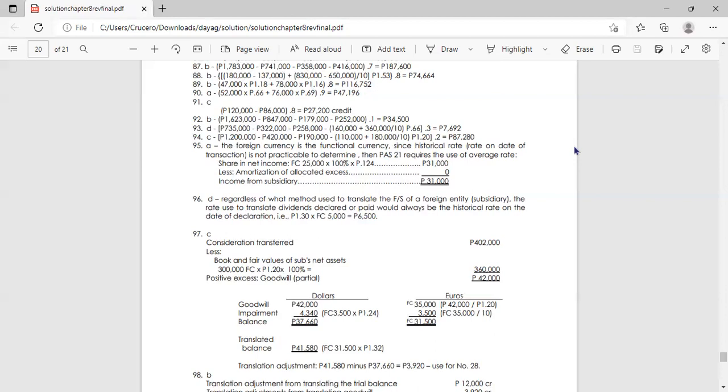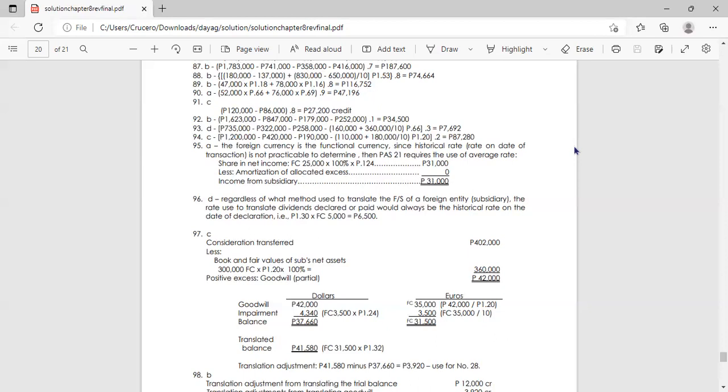So we have now the question in number 89. Assuming that euro is a functional currency and you are given the following exchange rates, what's the total peso amount of change in the investment in subsidiary? We have the average rates. So for number 89, the answer is letter B, 116,752.